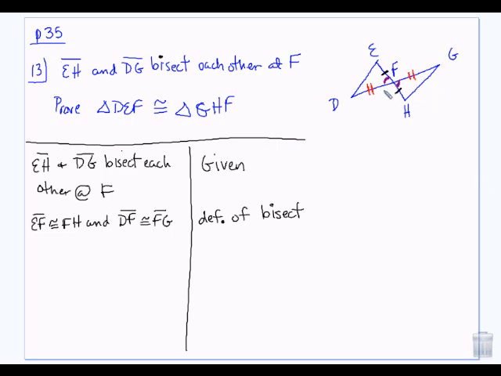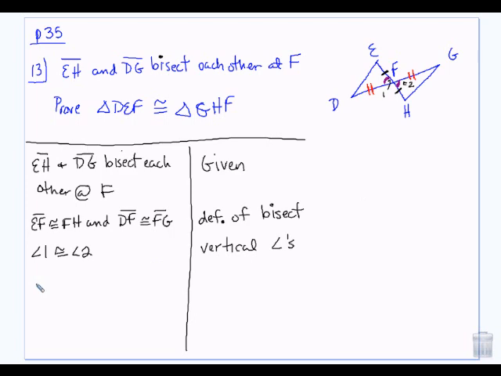So I'm going to go ahead and number those just to make it easier because that way you don't have to give them all a bunch of letters. I'm going to say angle 1 is congruent to angle 2 because they're vertical. And now I have side angle side. Do you see that?